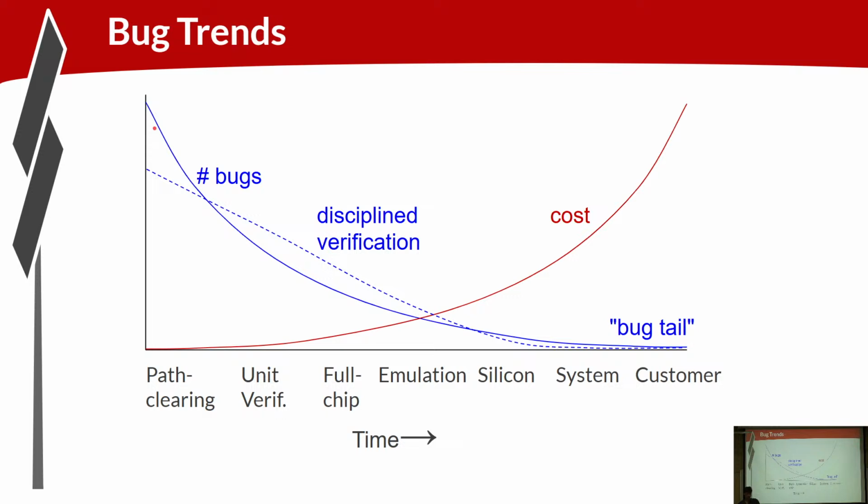You're not going to catch the easy bugs so fast, but you're going to build a more robust environment, and over time you're going to start more reliably finding the bugs and have a more regular sort of tail. The solid line here is more reality. This is more aspirational.